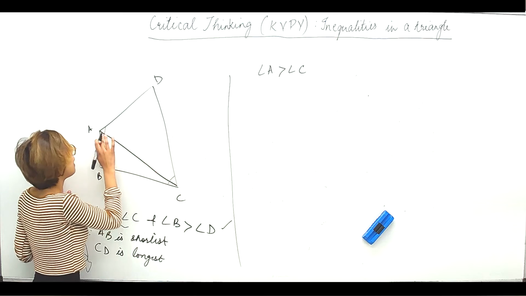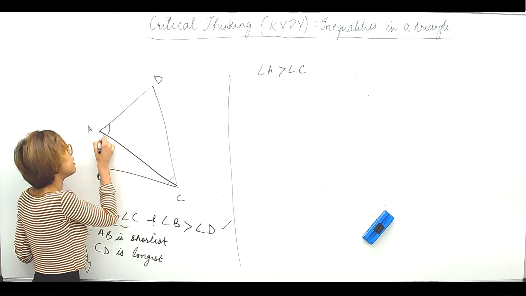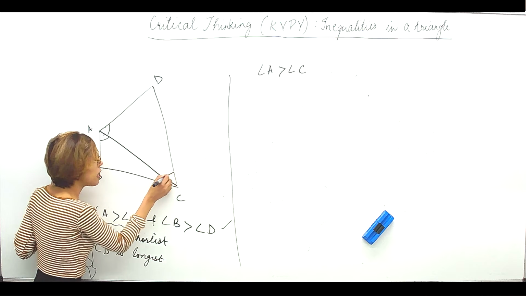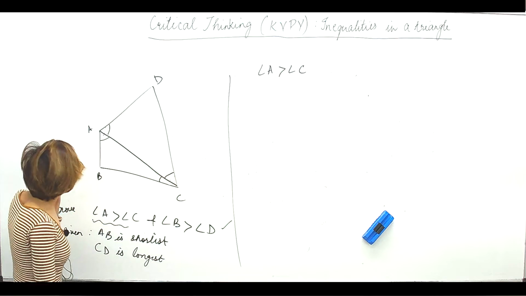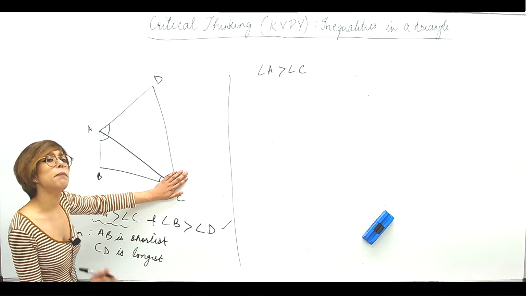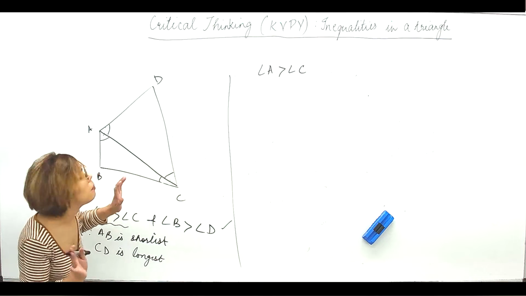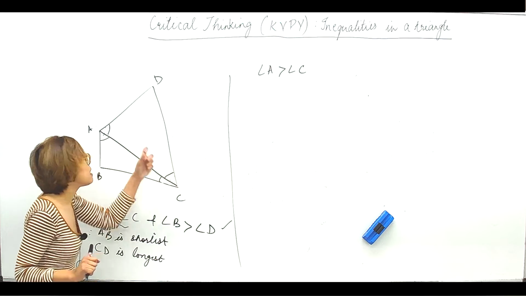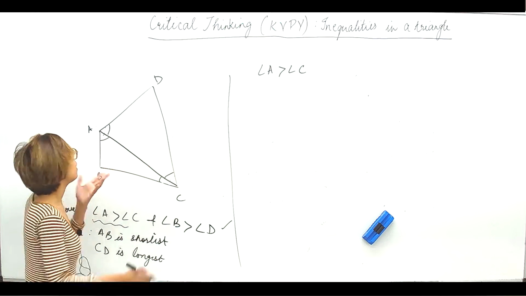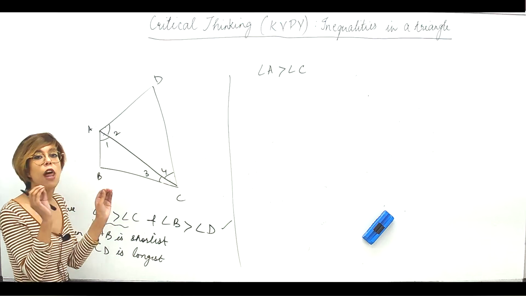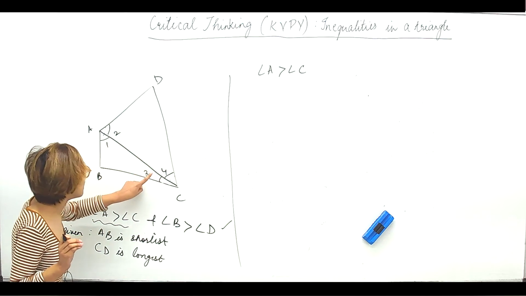Now I have divided angle A into two parts, this and this. Similarly, I divided angle C into two parts, this and this. I need to prove that this entire angle is greater than this one, so I will do a part-wise proof. Let me prove that this angle is greater than this, as well as this angle is greater than this. Let me name these 1, 2, 3, 4. First of all, I'll prove that angle 1 is greater than angle 3.